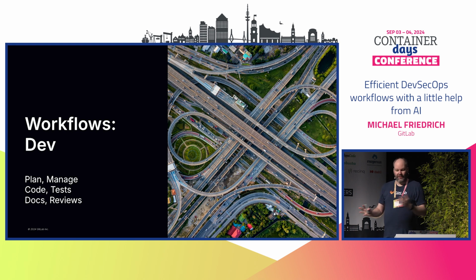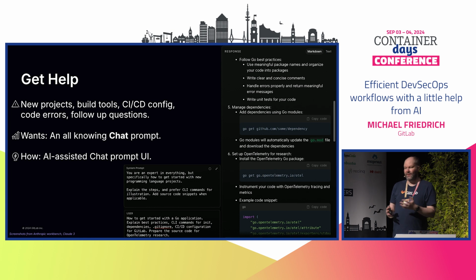As for the first step in DevSecOps, I want to dive a little bit into development, or dev, from planning, managing code, tests, docs, and reviews. And one of the things with AI was that I wasn't even sure how to ask a question, so I treated it as a human being and said, please provide me with some help getting started with a new project, and then gave some specific instructions on what exactly I need.